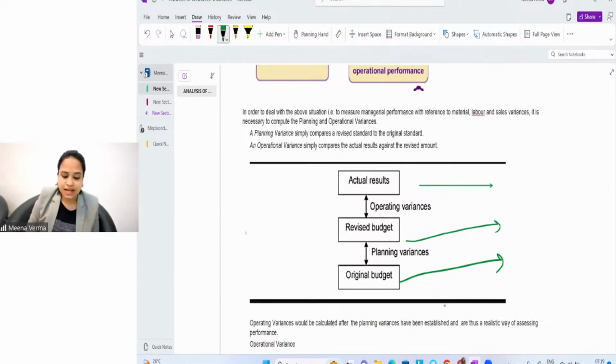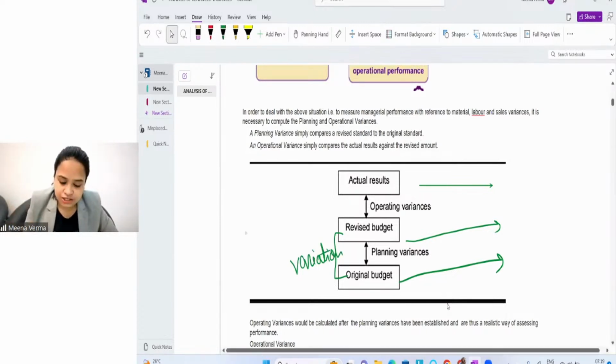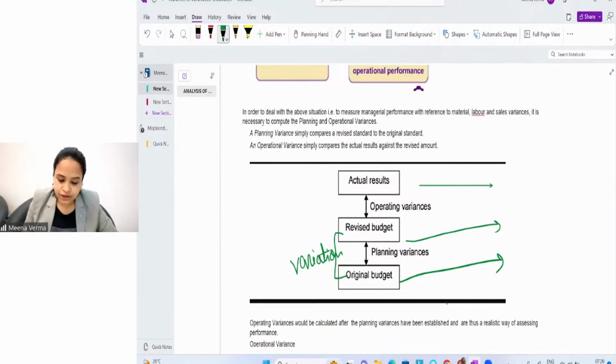So the variation in the original budget and revised budget is a planning variation. And the variation in the revised budget and actual result is the operational variation.